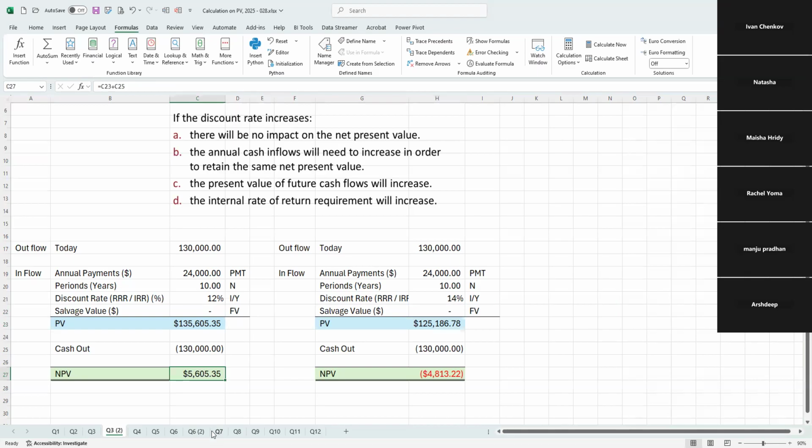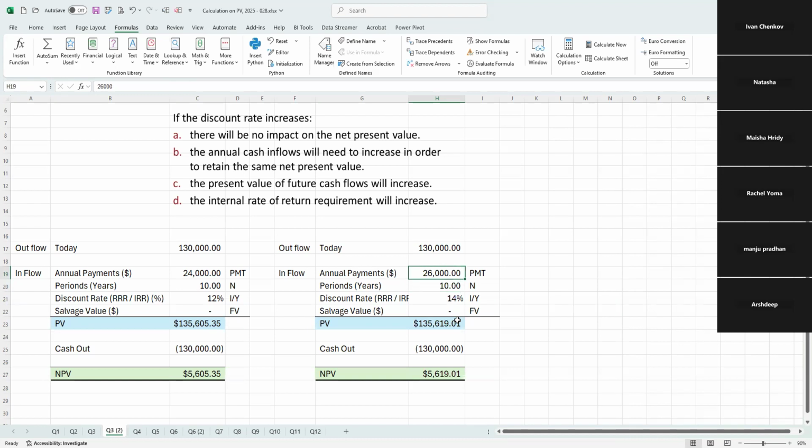How much is the net present value here? 5,000. So what I have to do, I have to bring that one to 5,000. What do I have to do? I have to increase my annual payment. Where is it going to be? Let's see, if I put 25, it's going to be 4,000. So I need more than that. If I go 26, you see where we are?